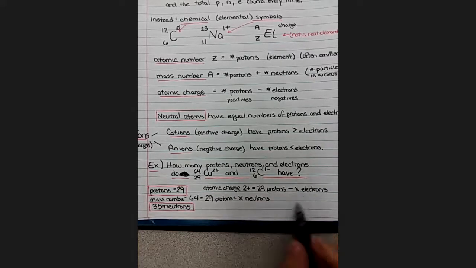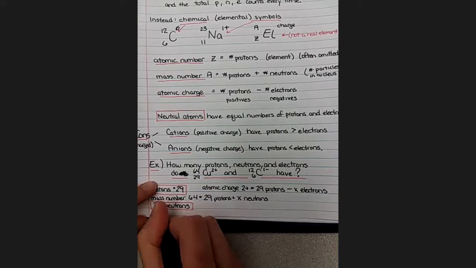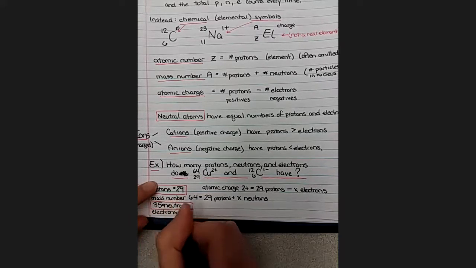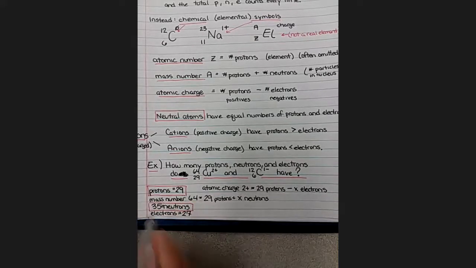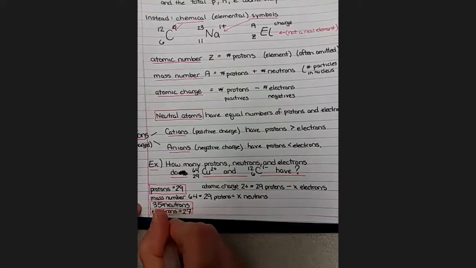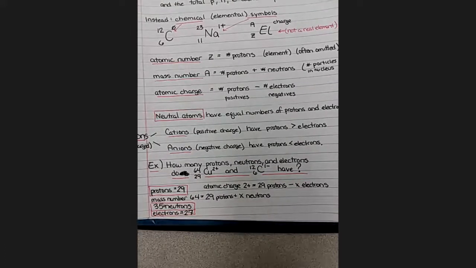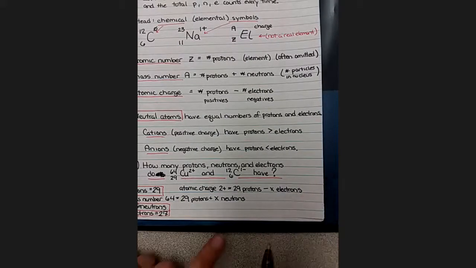So we have to move these around, move the X to this side, move the 2 to this side, and we should end up with 27 electrons. There we are. We didn't leave enough space for the other one, so we'll have to do it mentally without doing all of the math the long way.